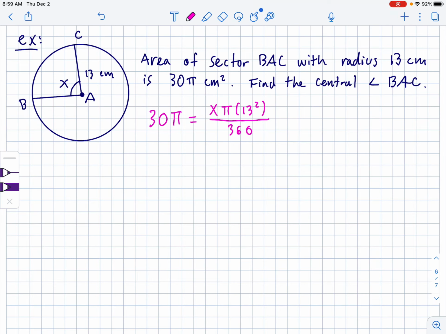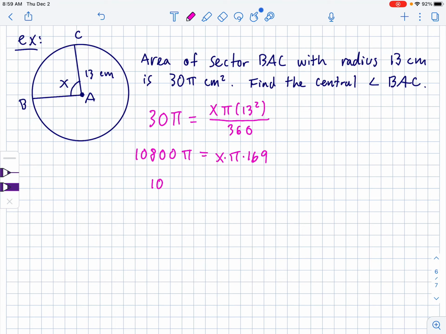First thing I'm going to do is multiply both sides by 360. So when you multiply the 30 by 360, you get 10800 pi is equal to x pi, and then 13 squared is 169.